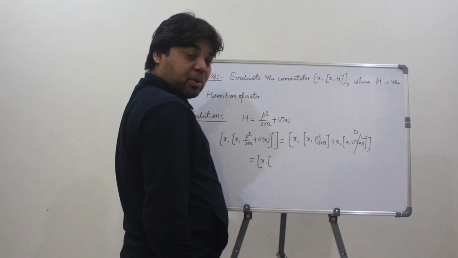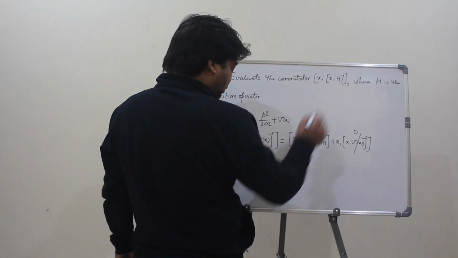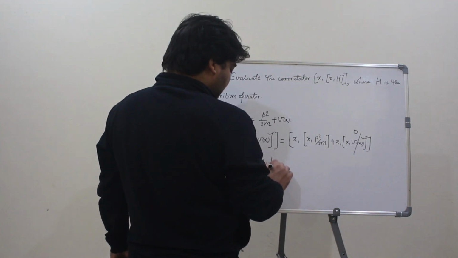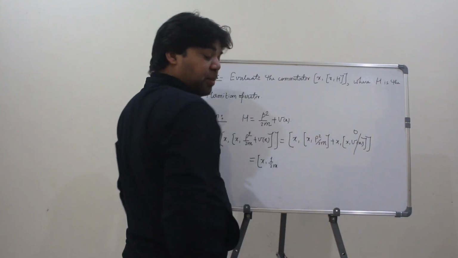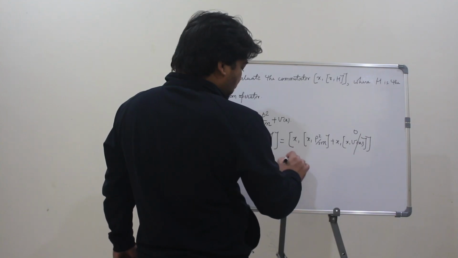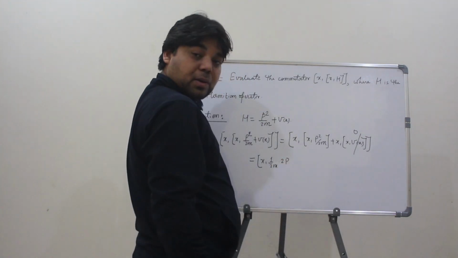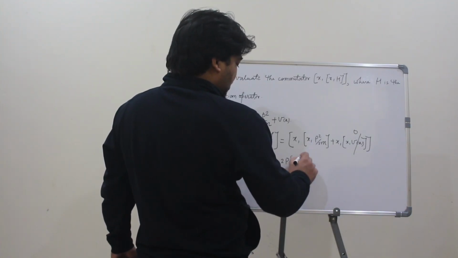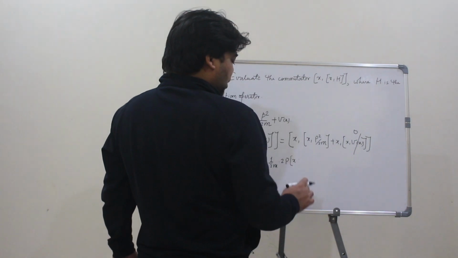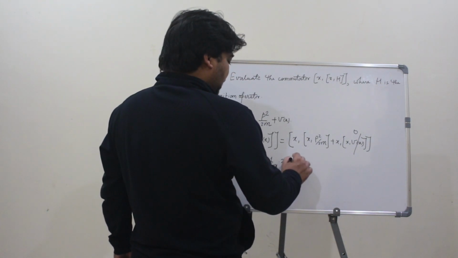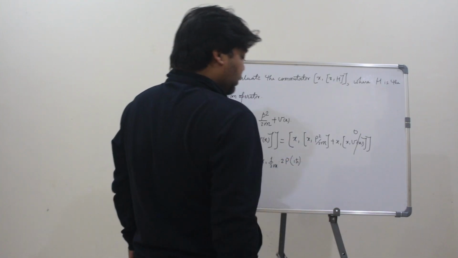What is the commutator of x with p square by 2m? It gives you 1 by 2m, right? And the commutator of x and p square will give you 2p and x comma p, right? Which is what? i h cut, right?